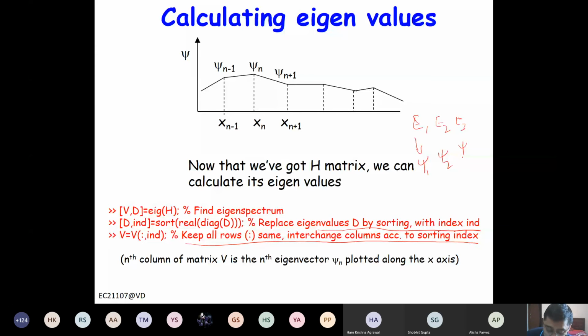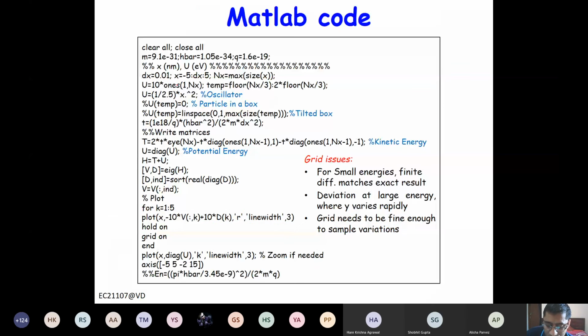Now there should be code here also. So this is the code. So again m, h bar, q. Now dx I assume 0.01, x is -5 to 25, and nx is the size. So nx is the number of grid points, right? So first I space it in terms of dx, and then I calculate the number of grid points. Then I define u as 10 for all the matrix, and I define n by 3 to 2n by 3, right?